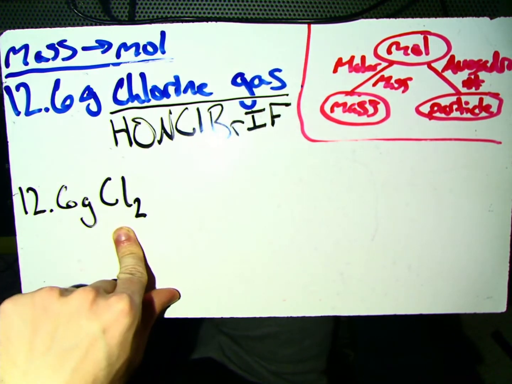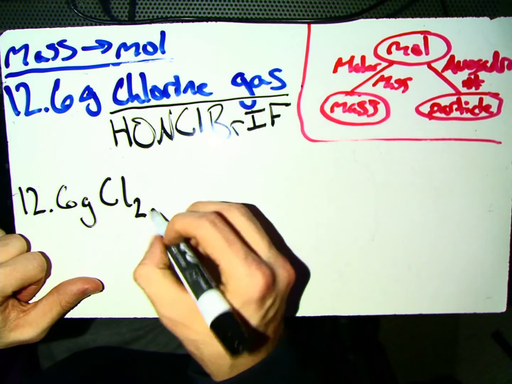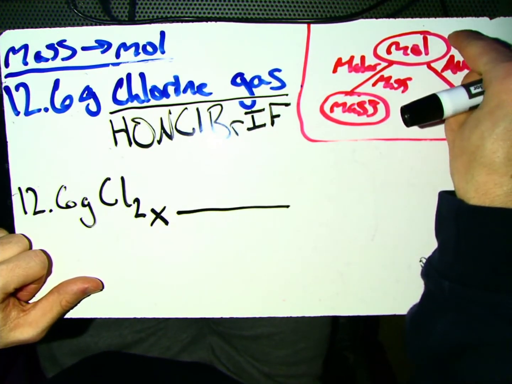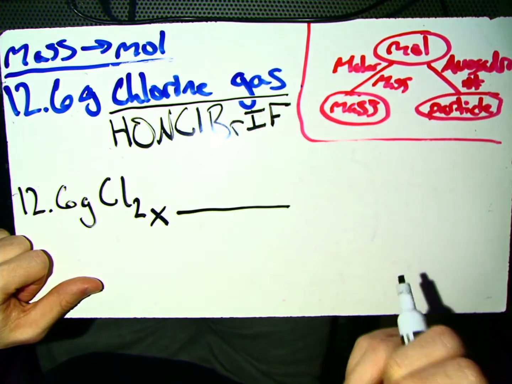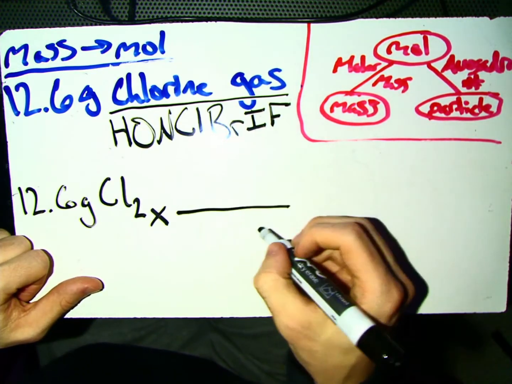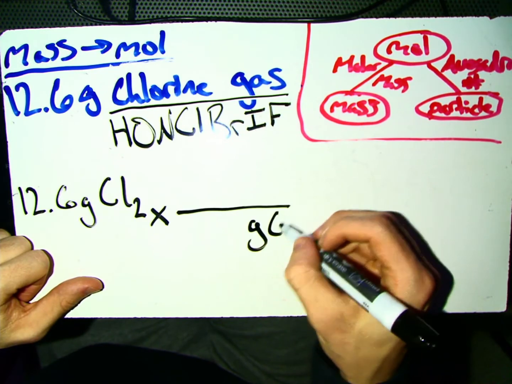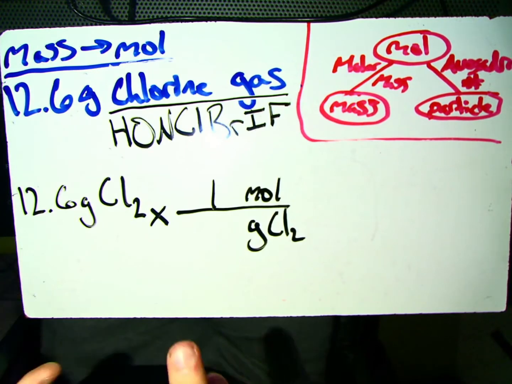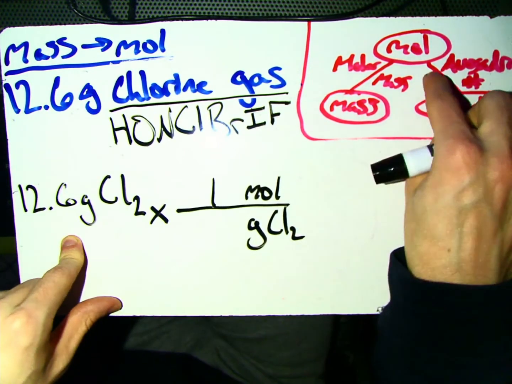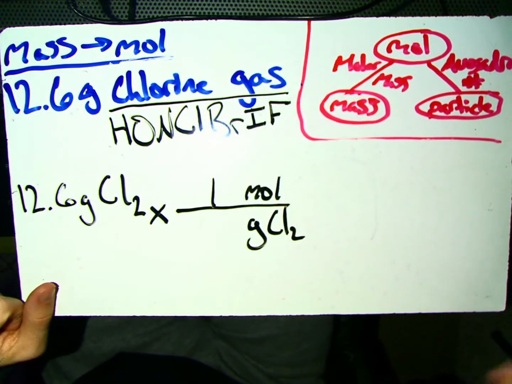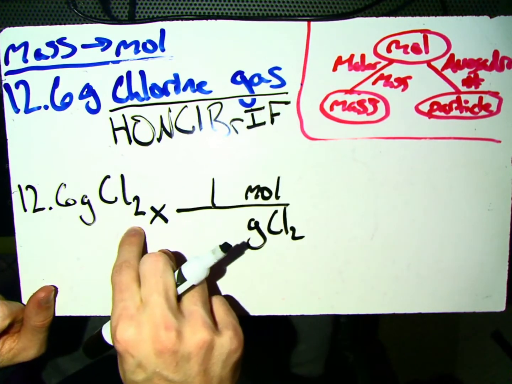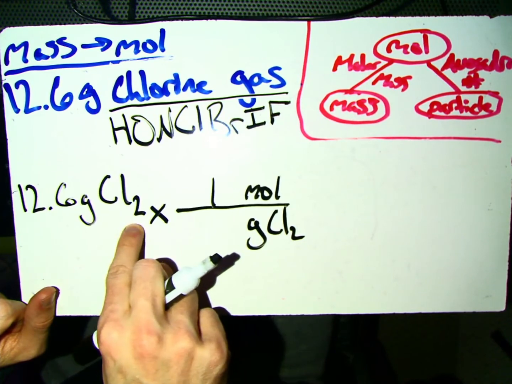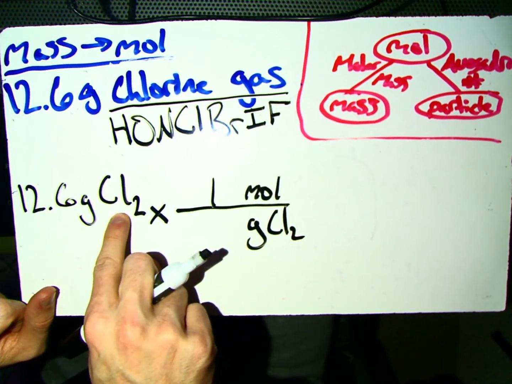Why is this important? Because when we do our conversion factor now, remember we're going mass to moles. We're going to need the molar mass. When we go from mass to moles of chlorine gas, we need it to be diatomic, and the weight of a diatomic molecule is twice the weight of just the element alone, right?